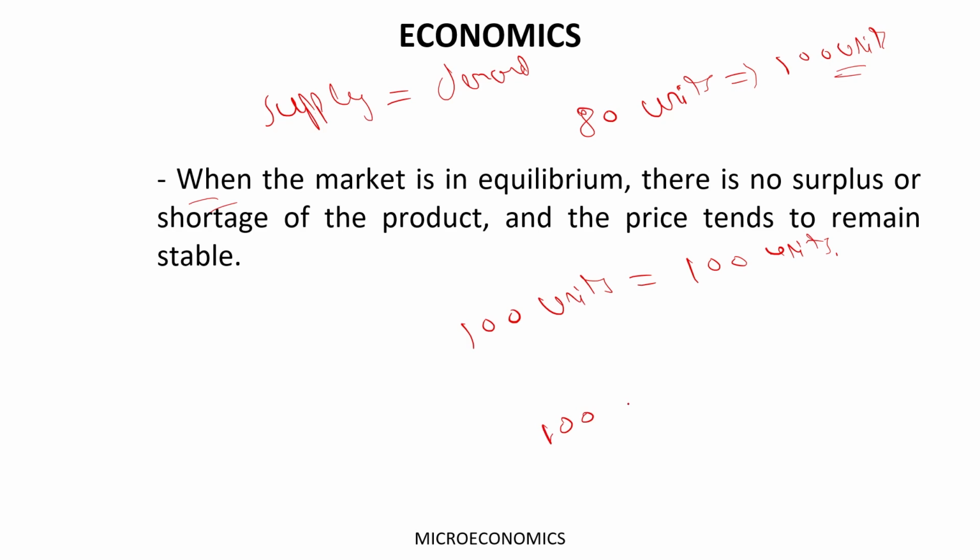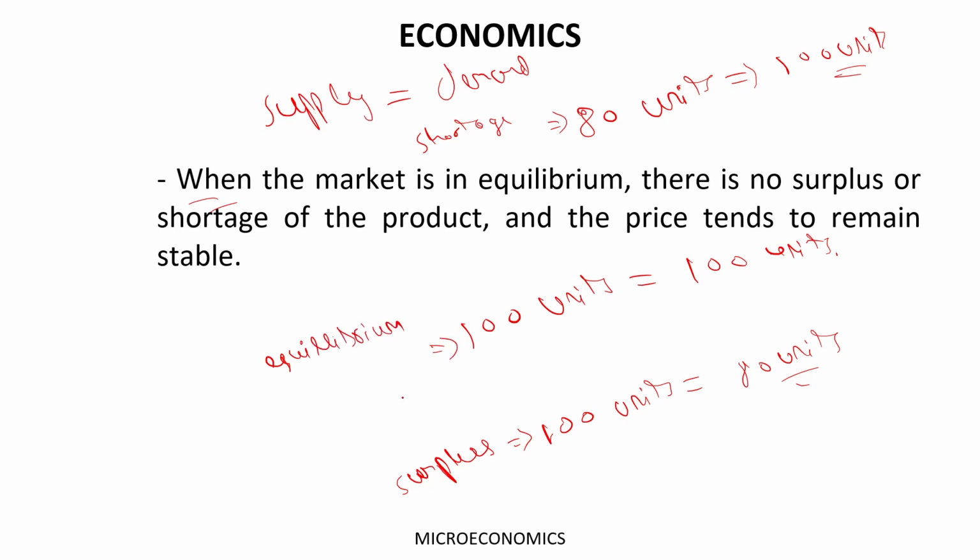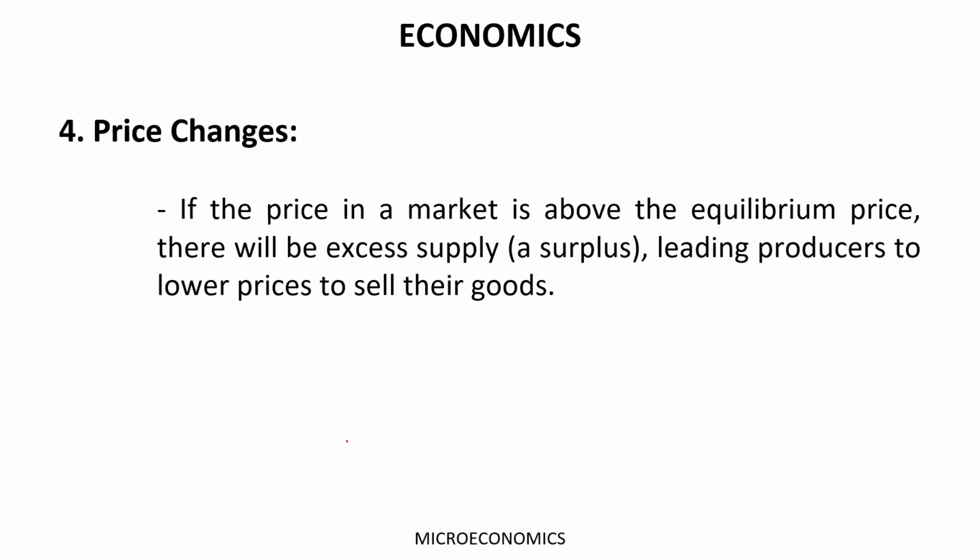Or 100 units supplied, but there is a demand of only 80 units. So there is a surplus of 20 units. So all these shortage and surplus cases are avoided during the equilibrium condition. Got it? Now let's move forward.